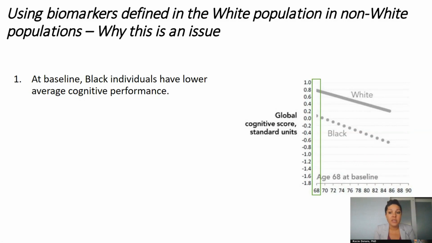This is going about every 2 years from the ages of 68 to 90. And we can actually see two things here. First, at baseline, which is highlighted in green, being cross-sectional or just one time point, we see that Black individuals, which is the dotted gray line, have lower average cognitive performance relative to white individuals.